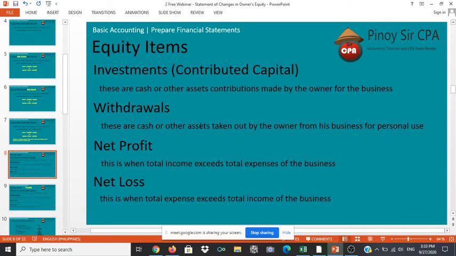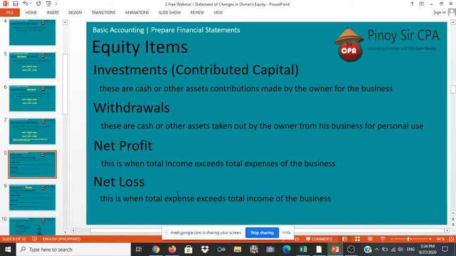Now, kung hindi net income, malamang ang business merong tinatawag na net loss. So, this is when total expenses exceed total income of the business. Now, what is the effect of net loss to the equity of the business? Decrease.